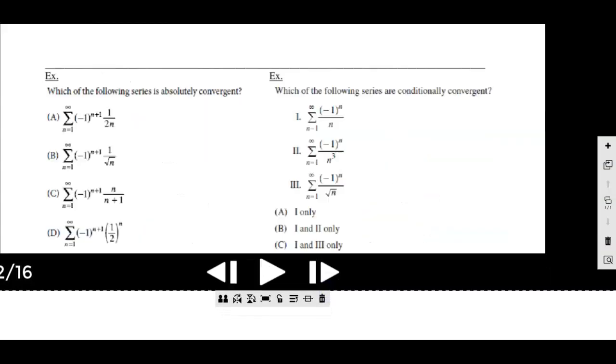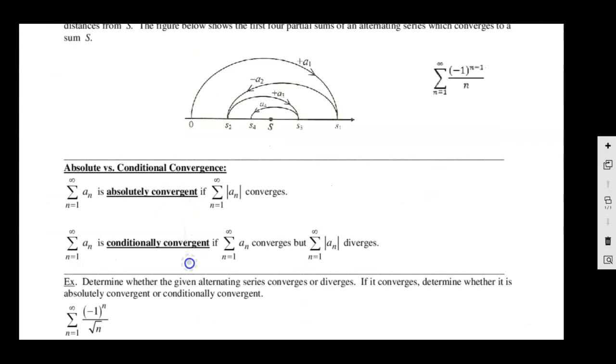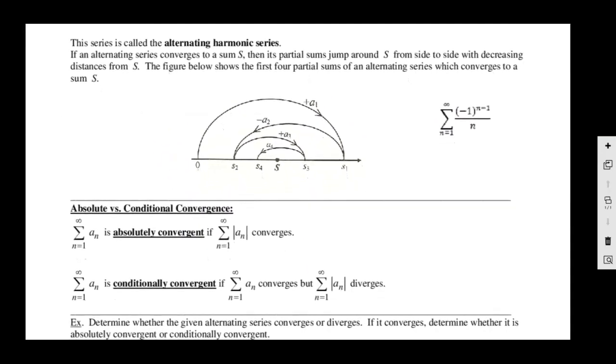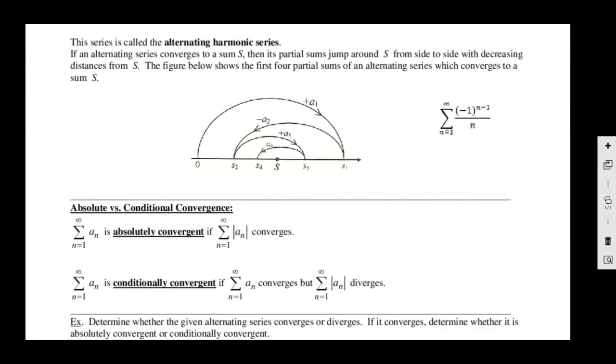There it is. Now, this is going to give us a small topic called absolute versus conditional convergence. And we're going to highlight that by looking back at the harmonic series. The harmonic series is your 1 over n, and if you remember, it was like a p-series test where p equals 1, or you could use the integral test, but that harmonic series diverges.